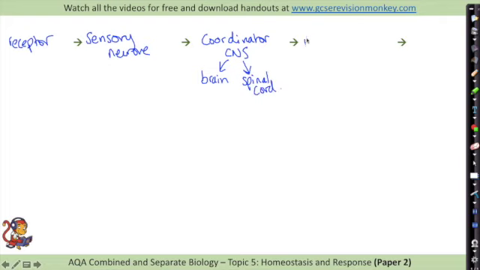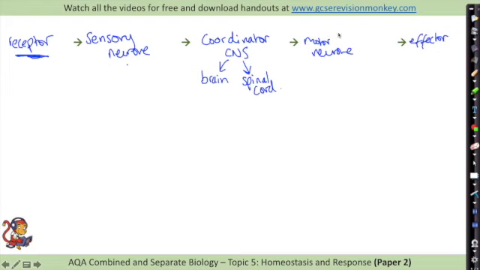This then gives the message to a motor neuron, and this finally gives the message to the effector, which will bring about the response. So, for example, if your receptor cells detect a change in temperature, it can send a message to the sensory neuron, which can send a message to the brain and the spinal cord.